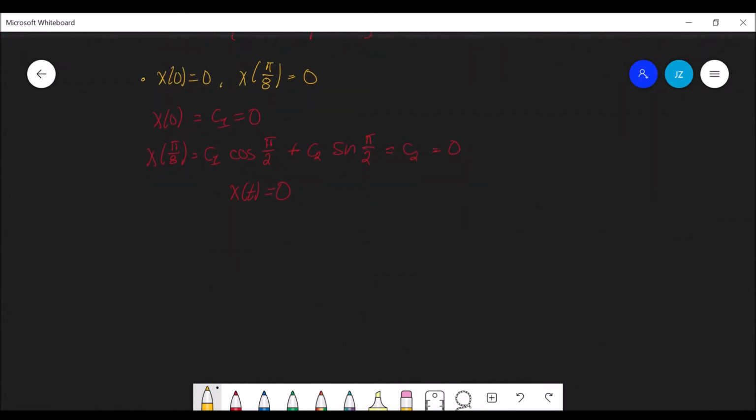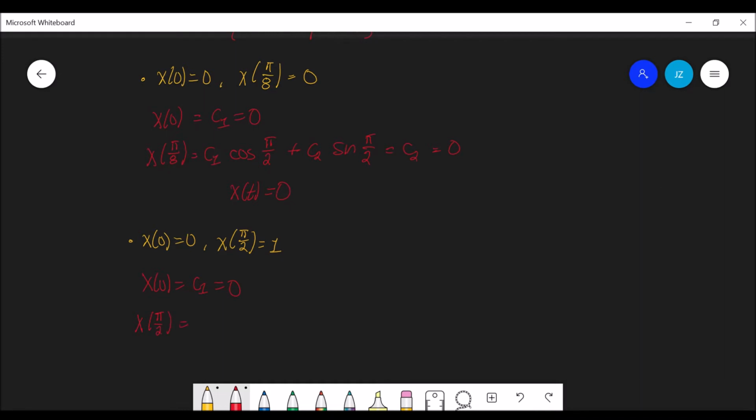The third boundary condition we'll look at, x of 0 is equal to 0, and x of pi over 2 is equal to 1. Well, again, from above, x of 0 is c1, which has to be 0.